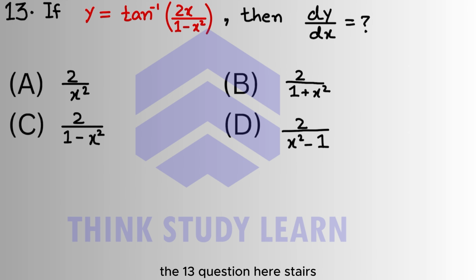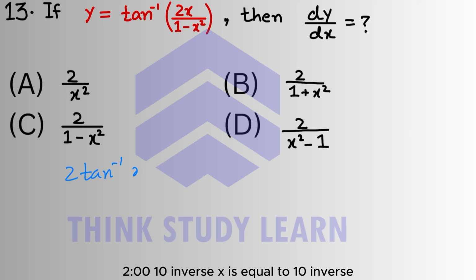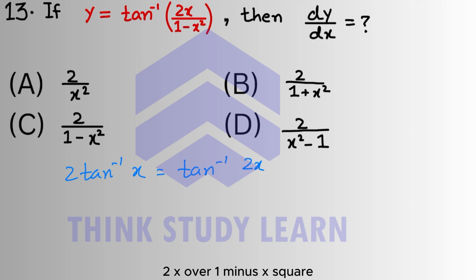The 13th question here states, if y is equal to tan inverse 2x over 1 minus x square, then we have to find dy by dx. So 2 tan inverse x is equal to tan inverse 2x over 1 minus x square. This is the formula of 2 tan inverse x. We know that.